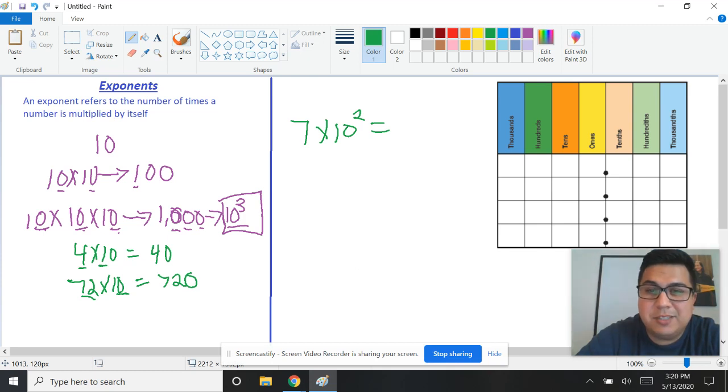Yeah, it's just 10 times 10, which 10 times 10 we know is what? 100. And we know that 100 has two zeros. So basically it's just 1 with two zeros, right? Do we know what 7 times 100 is? So if 10 to the power 2 really means 100, it's just 7 times 100. And we know that 7 times 1 is 7 with two zeros, right? That's how easy it is to do that problem.